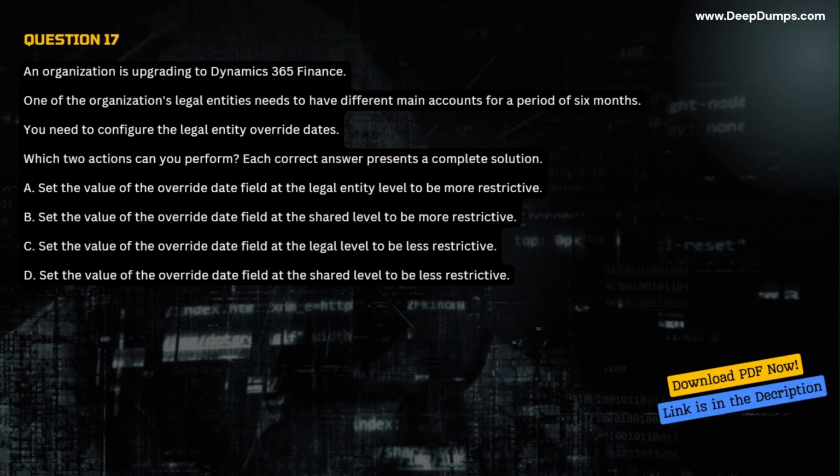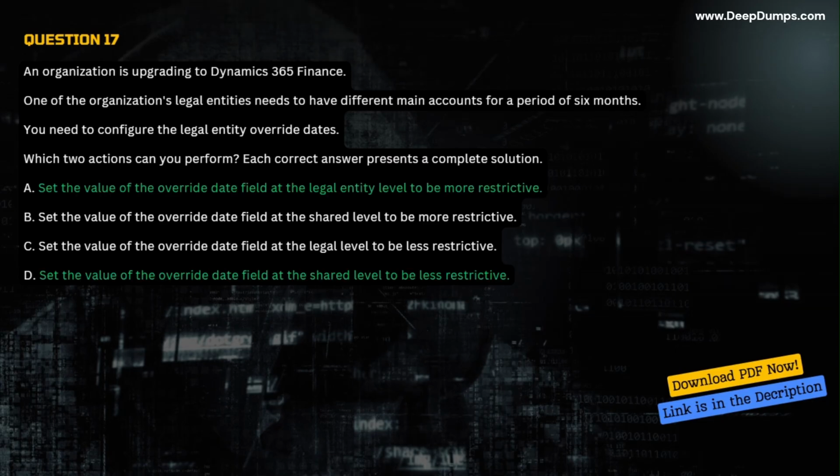A. Set the value of the override date field at the legal entity level to be more restrictive. B. Set the value of the override date field at the shared level to be more restrictive. C. Set the value of the override date field at the legal level to be less restrictive. D. Set the value of the override date field at the shared level to be less restrictive.